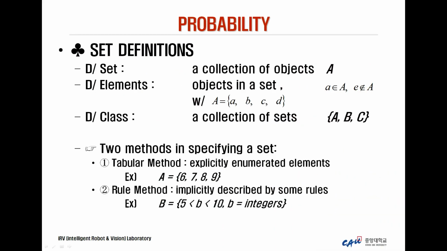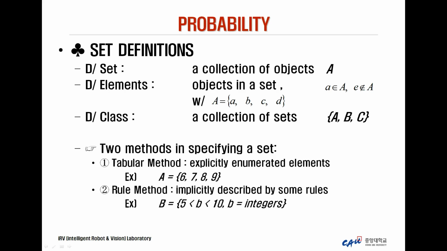Before I proceed on probability, let's review set definitions. Okay, a set is a collection of objects, and I will use capital A. And elements are objects in a set.